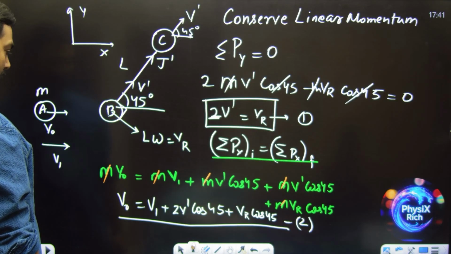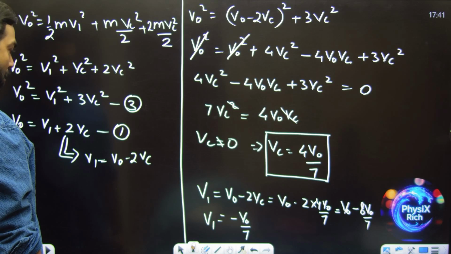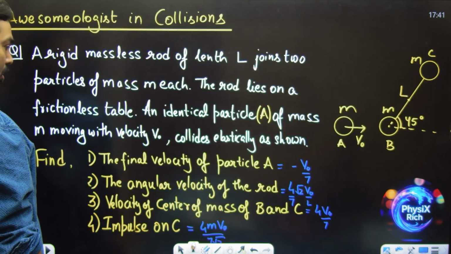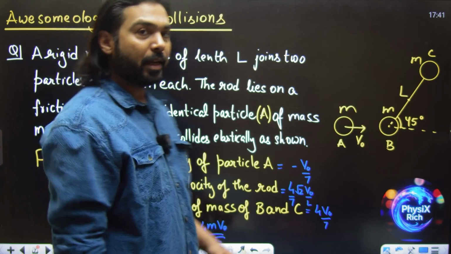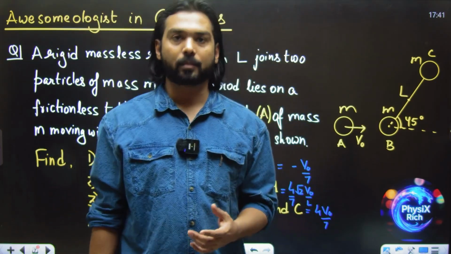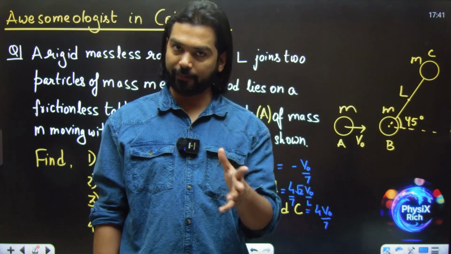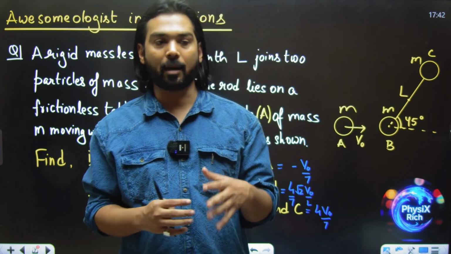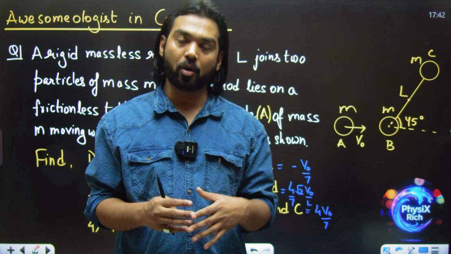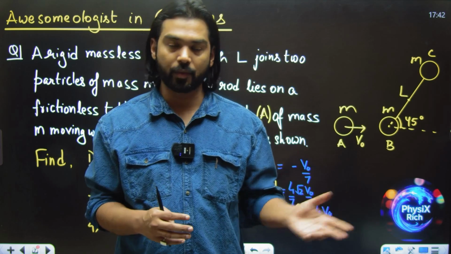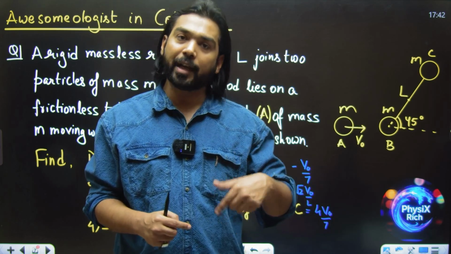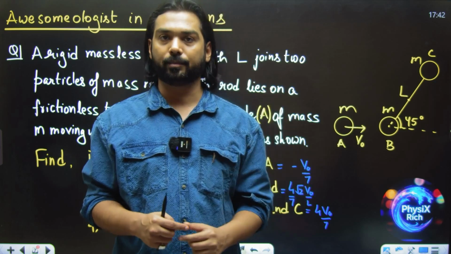Now, one very important thing which I want your focus on, guys: whenever it is given in the questions that the collision is perfectly elastic, some students make this mistake that they apply Newton's law of restitution, putting E equals 1, but they also tend to apply conservation of energy.